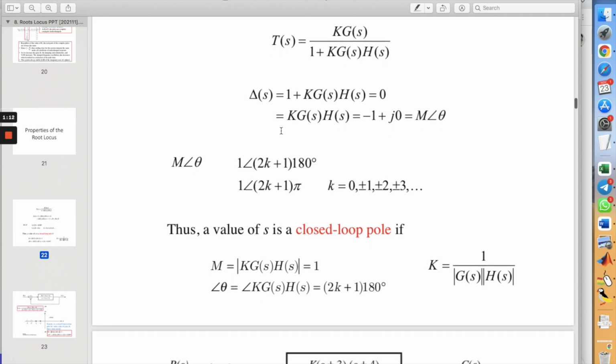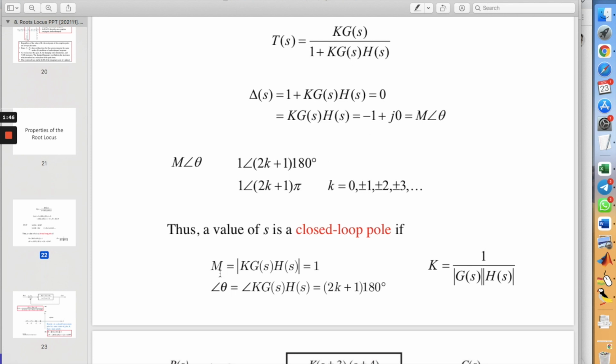We can say that the value of s is a closed loop pole if M, the magnitude of KGH, equals 1. The magnitude of negative 1 plus j0, the magnitude of this complex number, is the square root of 1 squared plus 0 squared, which equals 1.